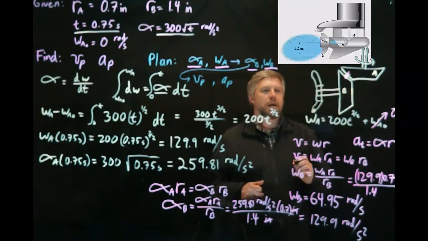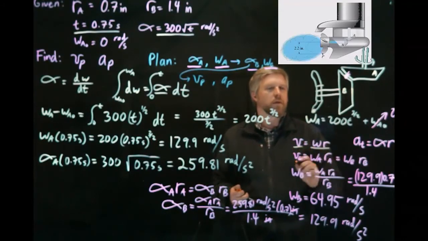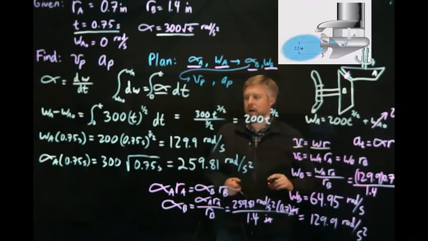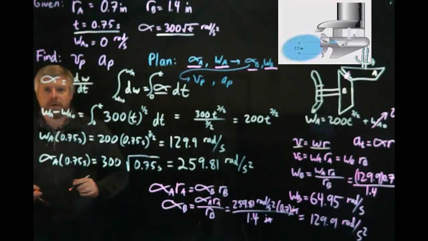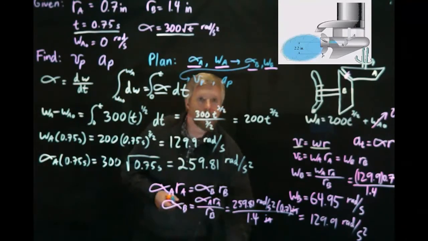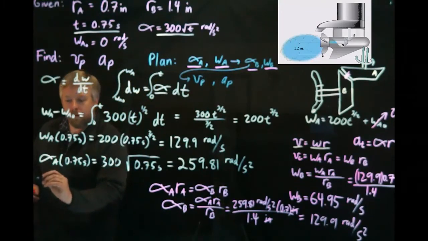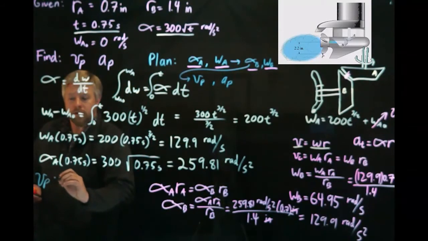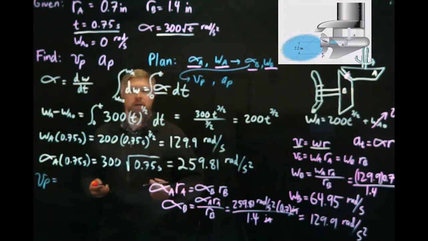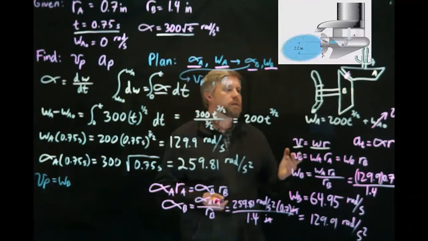bottom of the blades. Now, it's pretty clear that we're just going to use these same equations where the linear velocity is going to be equal to omega times the radius for velocity. We'll do acceleration in a minute. So let's go over here, and we're going to say the velocity of point P is going to be equal to omega, in this case omega B, because B is the gear attached to that, omega B times the radius, and this time it's a different radius.